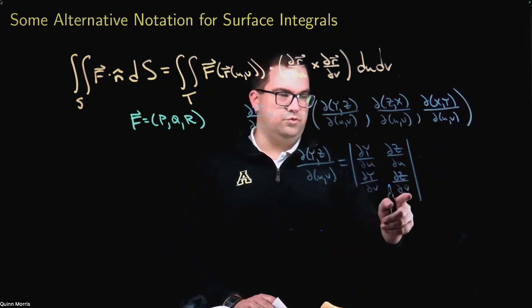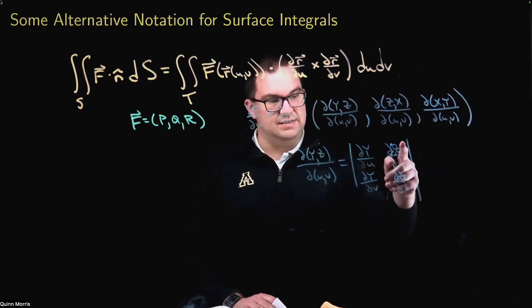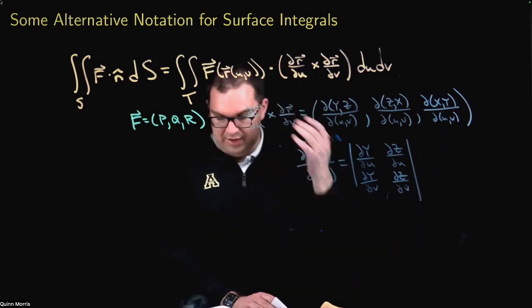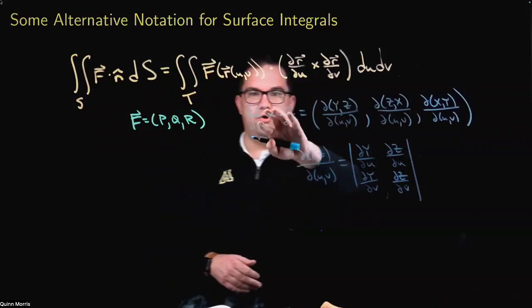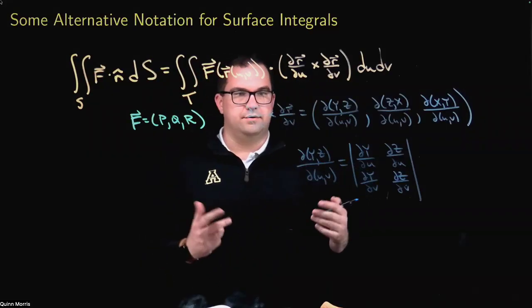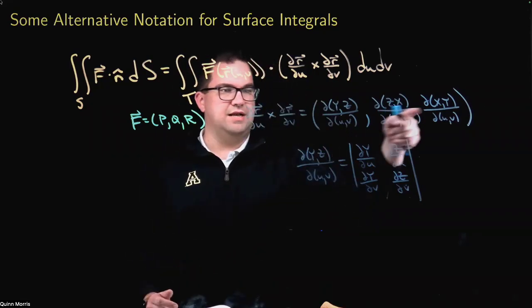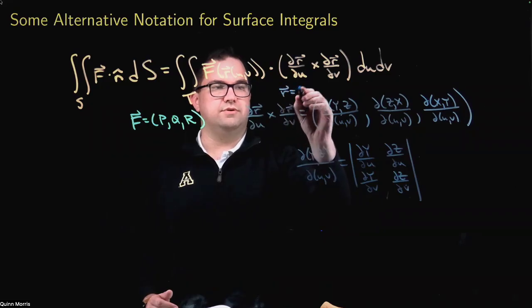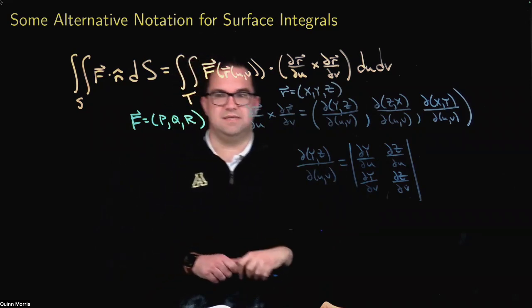So it was dy du times dz dv minus dz du times dy dv, right? That's just how those are defined, and that comes out of just writing out all the terms of this cross product. And here I should also mention, where are these x, y, and z coming from? They are coming from the parameterization. The parameterization R has components capital X, Y, and Z.